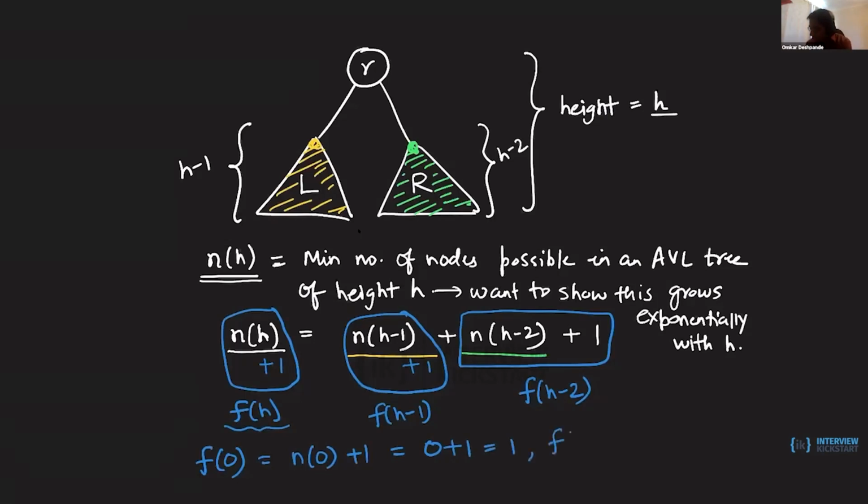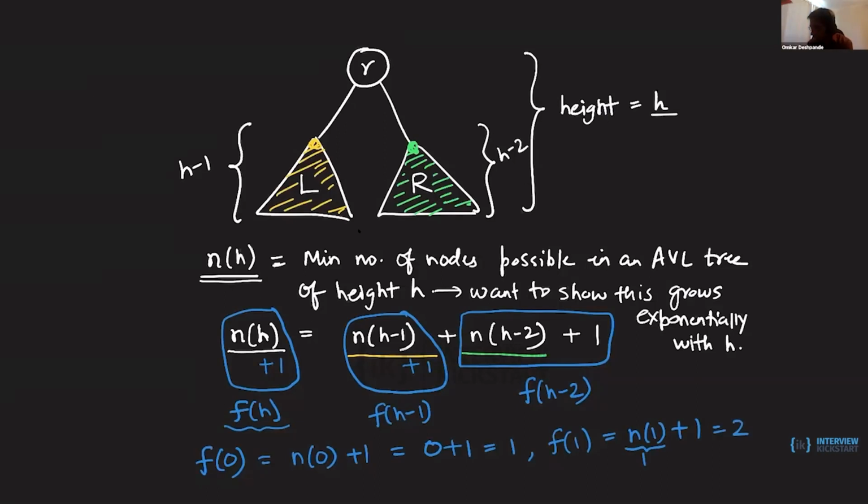We need two base cases for the Fibonacci recurrence because it looks back 2 steps. The value of f of h depends on the previous 2 steps, so we need 2 of the values filled in. f of 1 would be n of 1 plus 1. What's the minimum number of nodes in an AVL tree of height 1? Well, it's just 1 because it's just an isolated node. So 1 plus 1 would be 2.